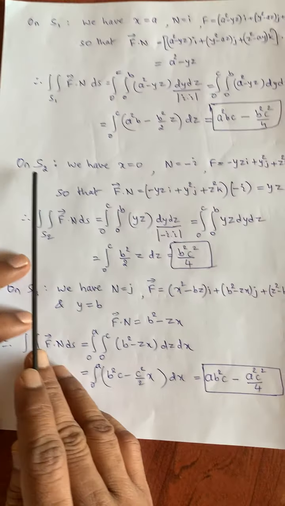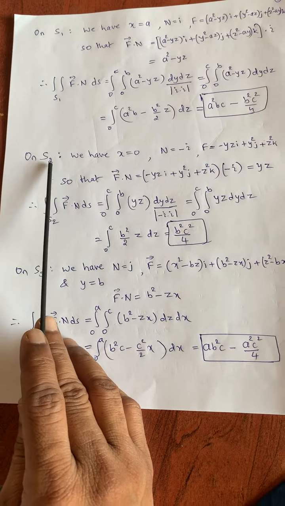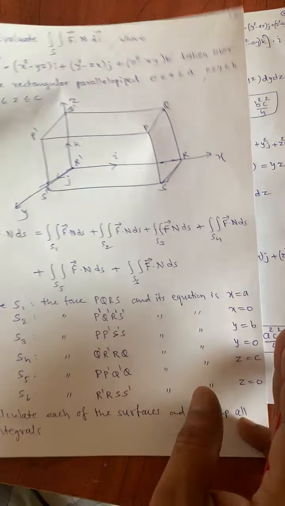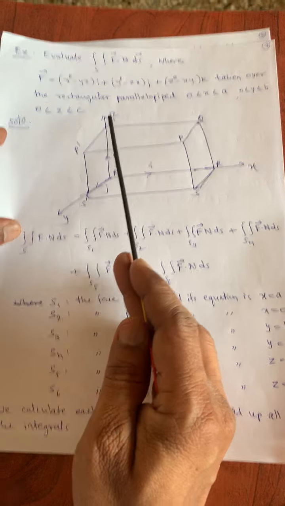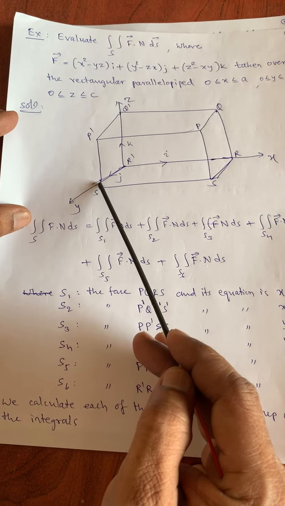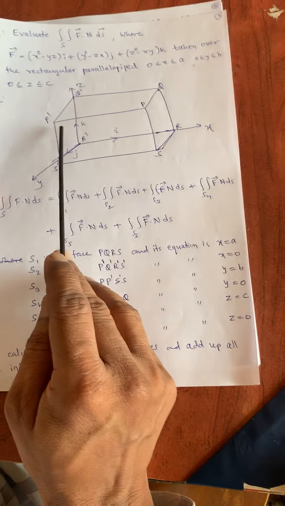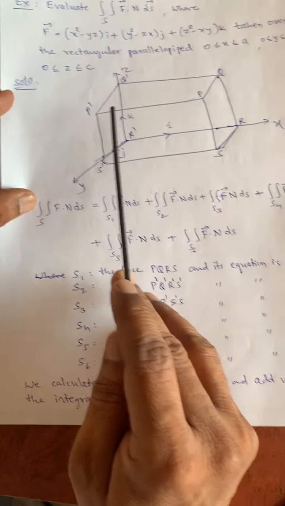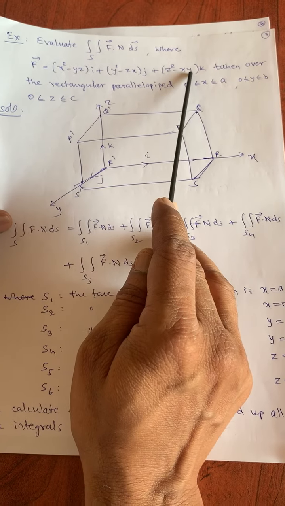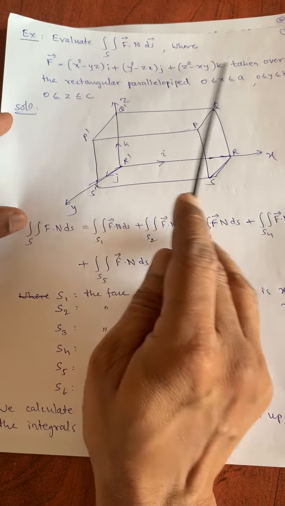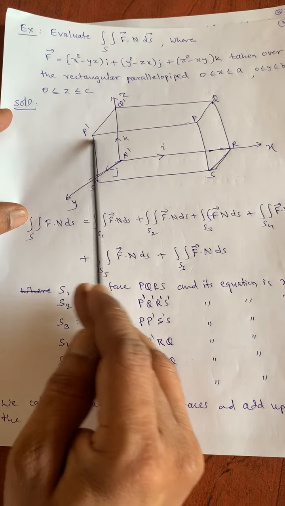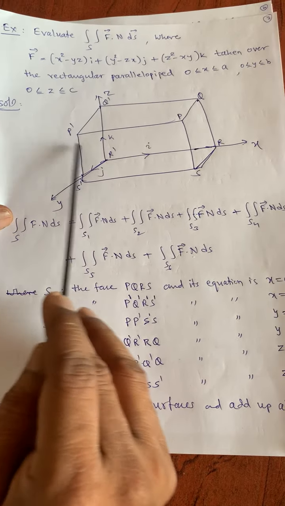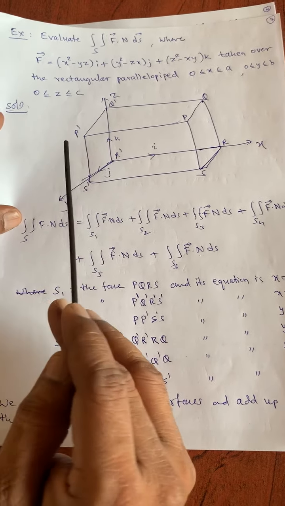Next, the surface integral over the second face, that is S2. On S2, we have taken P dash, Q dash, R dash, S dash. As its equation is x equal to 0, we put x equal to 0 in F. The unit normal will be in the negative direction of the x-axis, that is minus i.